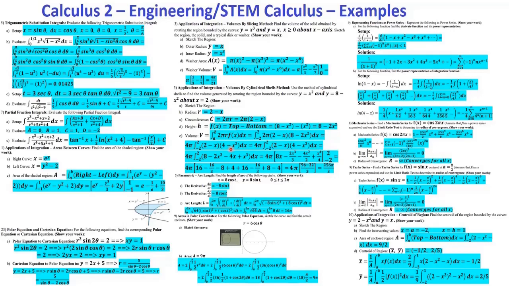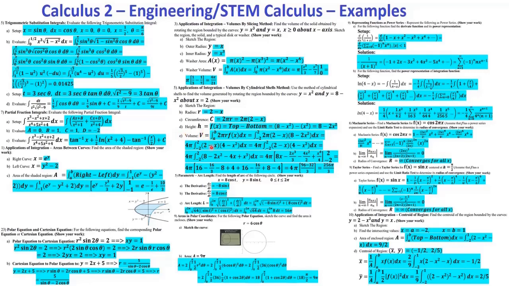Then I have another application of volume by cylindrical shell. This we already have seen. This is the volume rotated of the area between y equals x squared and y equals 8 minus x squared about x equals 2. In this case, the radius is r equals 2 minus x. The circumference is 2 pi r, which is 2 pi times (2 minus x).